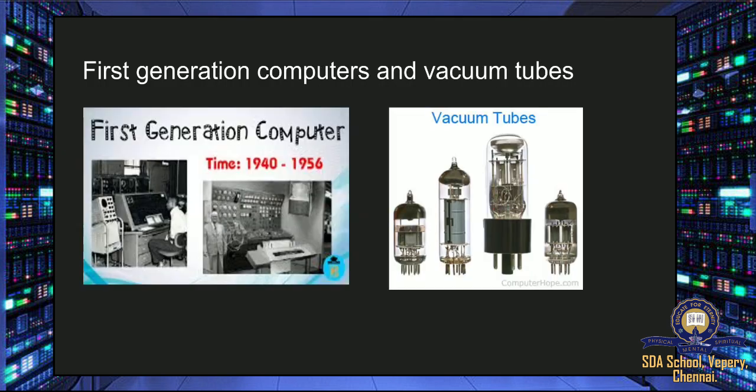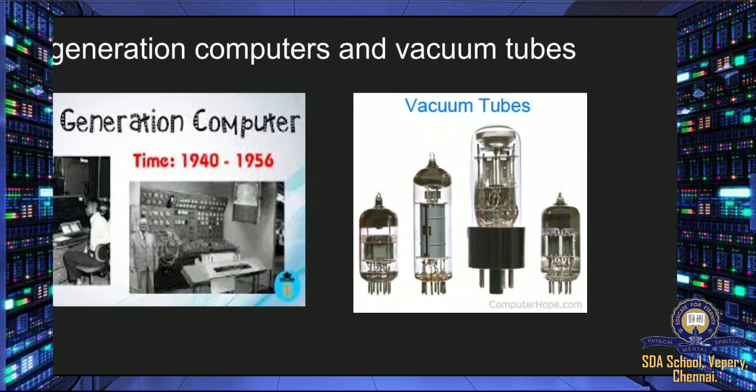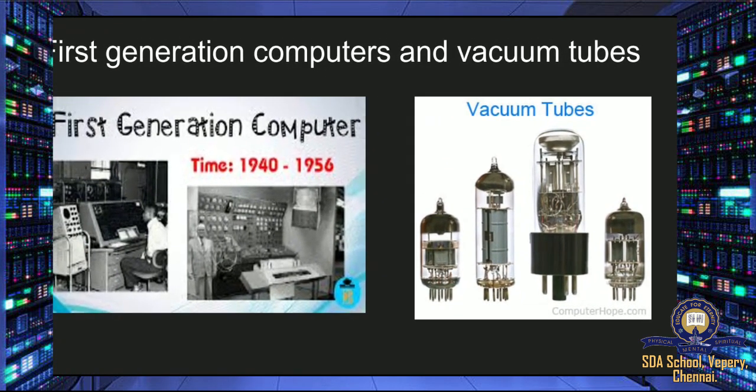This is the first generation computers, and this is the vacuum tube. These computers were used in between 1940 to 1956, and these are the vacuum tubes they used for calculation of data.